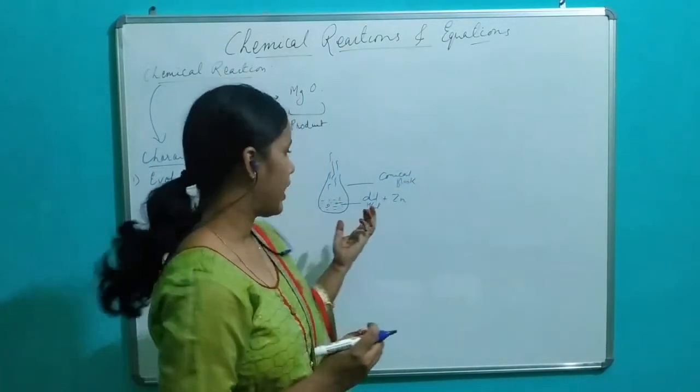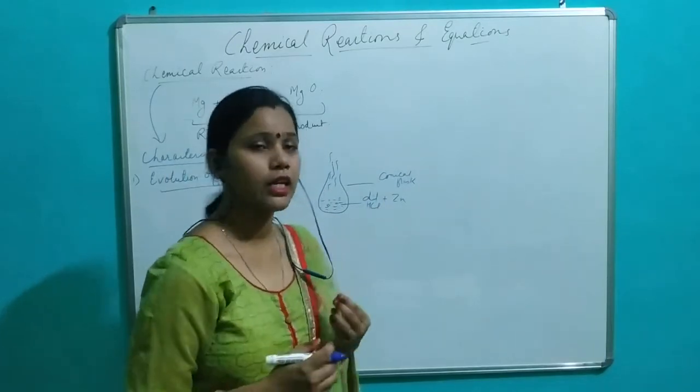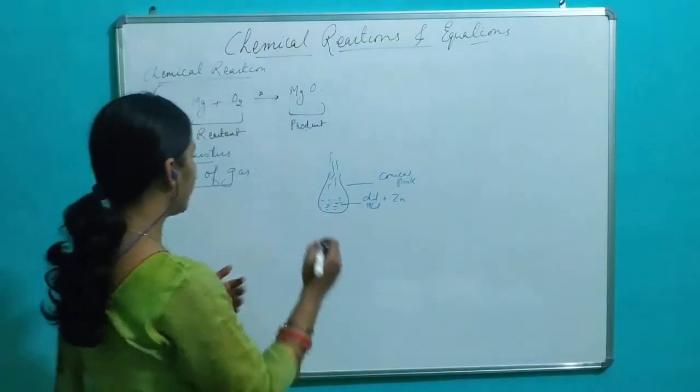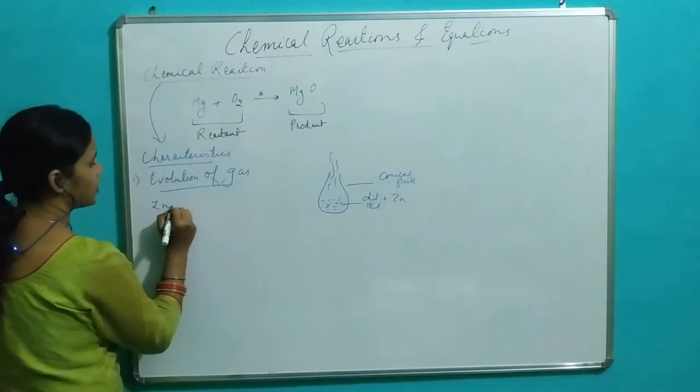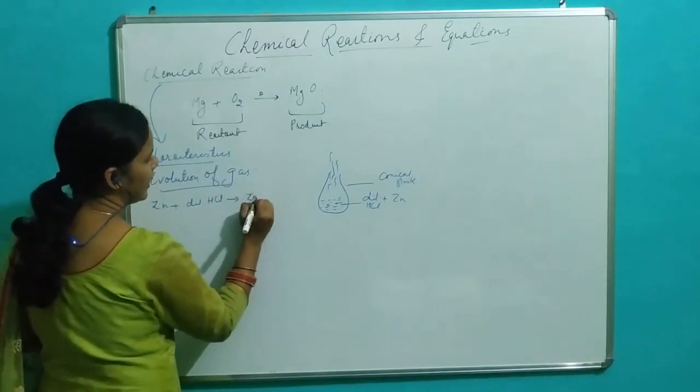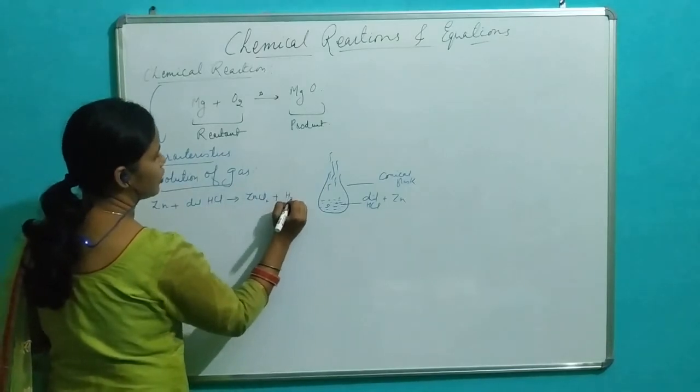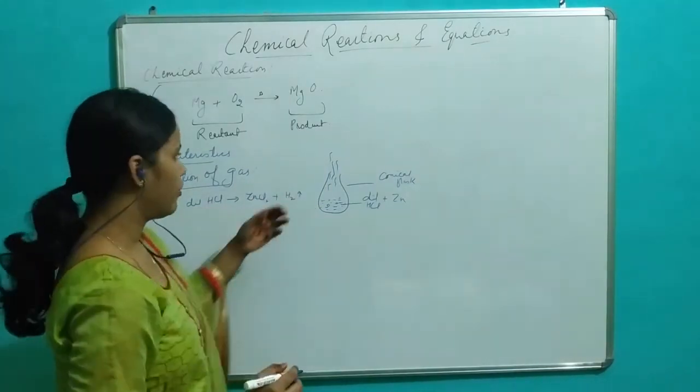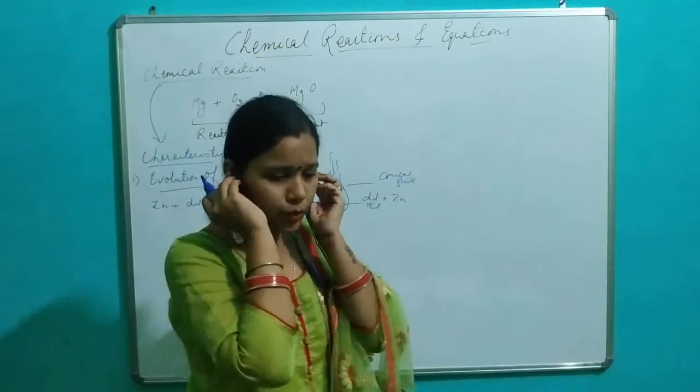So Zn with dilute HCl forms ZnCl2 plus H2 gas evolved. We can see this H2 gas.